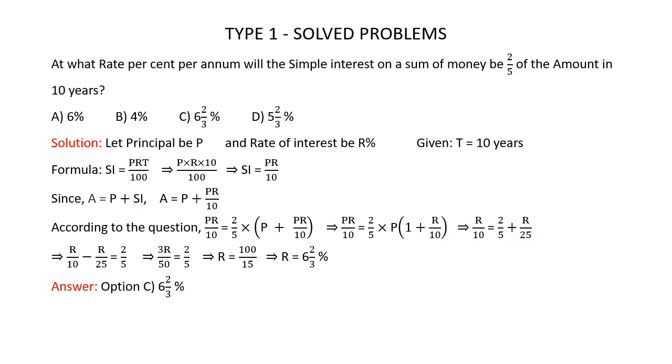So now you have R by 10 is equal to 2 by 5 plus R by 25. On solving this, you get R is equal to 100 by 15, which is nothing but 6 2 by 3. So rate of interest per annum is 6 2 by 3% per annum. So the correct answer is option C, 6 2 by 3%.